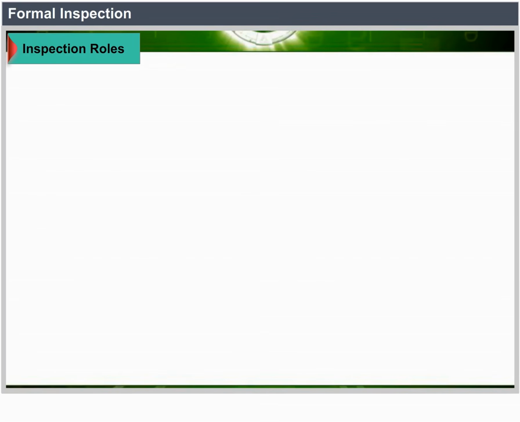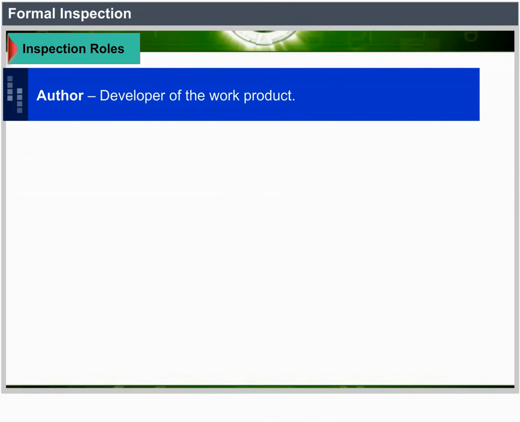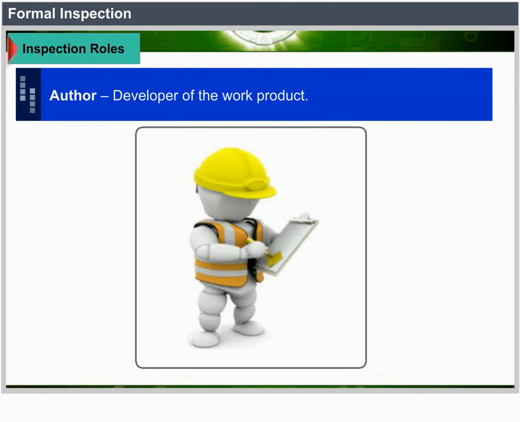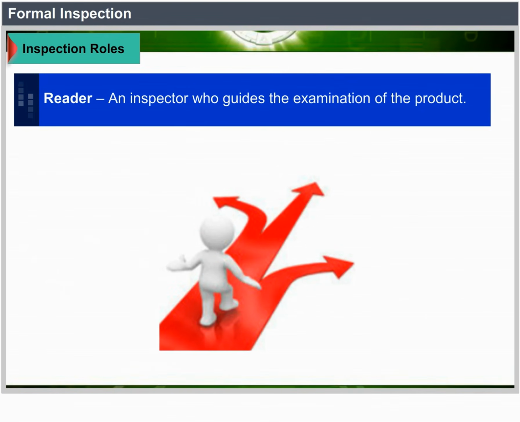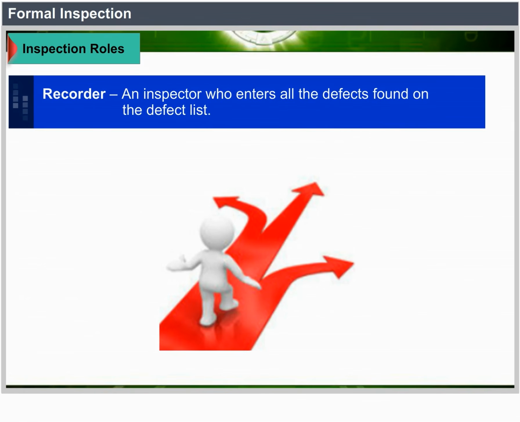Inspection roles. Author, the developer of the work product. Moderator, an inspector responsible for organizing and reporting on the inspection. Reader, an inspector who guides the examination of the product. Recorder, an inspector who enters all the defects found on the defect list.